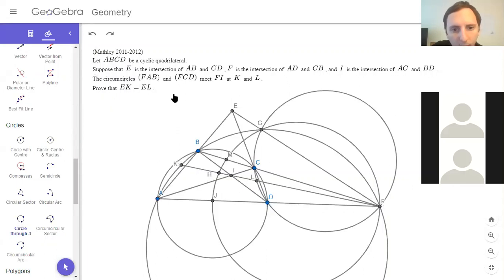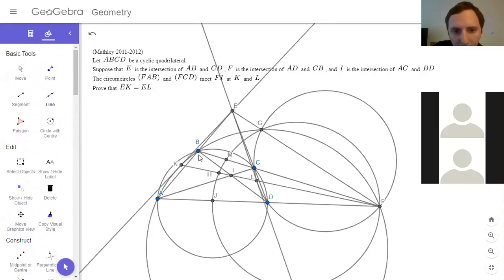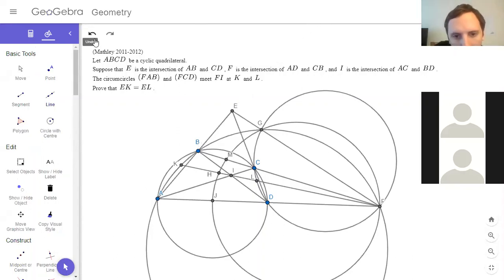No, the circle which is already drawn, ABF, ADF. So EK should be tangent to the circle. Yes. If both of them are tangent, then we are done by power of a point, because E has the same power with respect to those two circles.